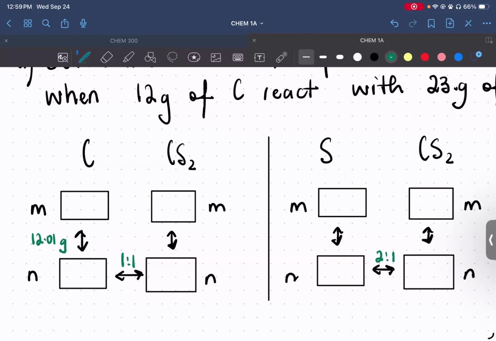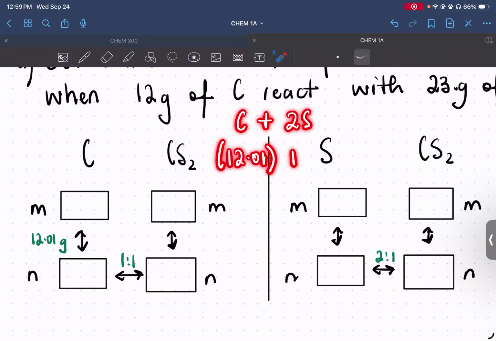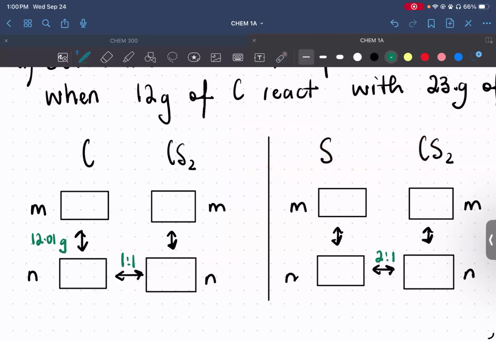To get the molar mass of carbon disulfide, we'll need carbon plus 2 sulfurs. Carbon is 12.01. Sulfur is approximately 32.07. If we plug this into our calculator, let me put it on my handheld one. 32.07 times 2 plus 12.01. We get 76.15.